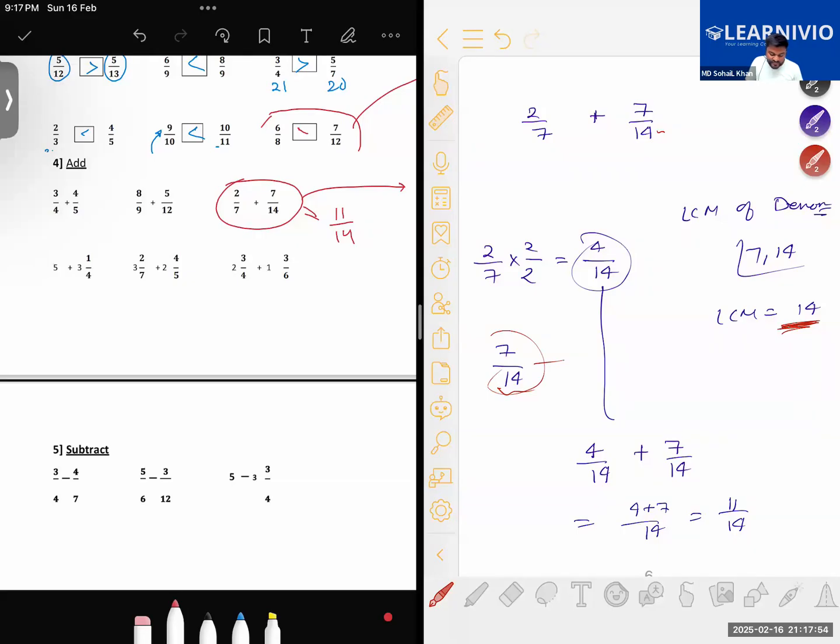But here it was 7, so we multiplied it by 2 and got 14. But we can't leave the numerator. We have to multiply that also with the same number. So you got 4 upon 14. This became 4 upon 14, and this is already 7 upon 14. The denominator is 14. Now you simply add them. 4 plus 7 will be 11, and the denominator is going to be 14 only.